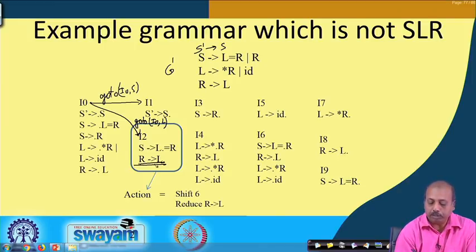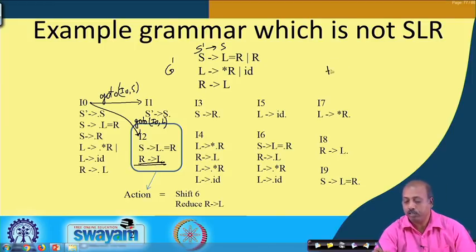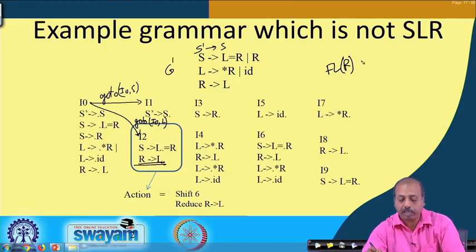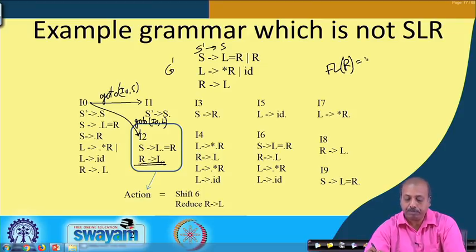So you have to look into the follow set of R, and for all the terminals in the follow set of R, you have to reduce by R producing L. So what is the follow set of R?